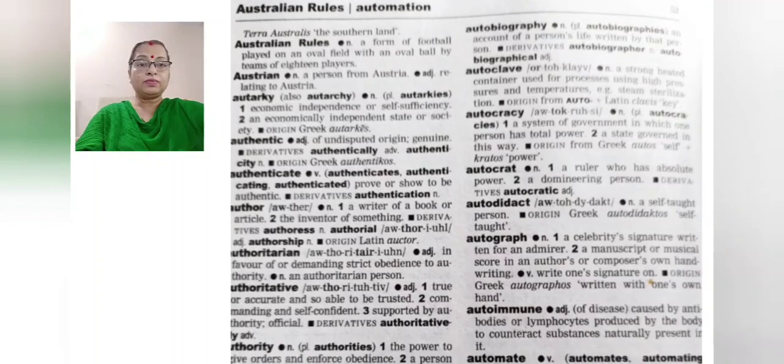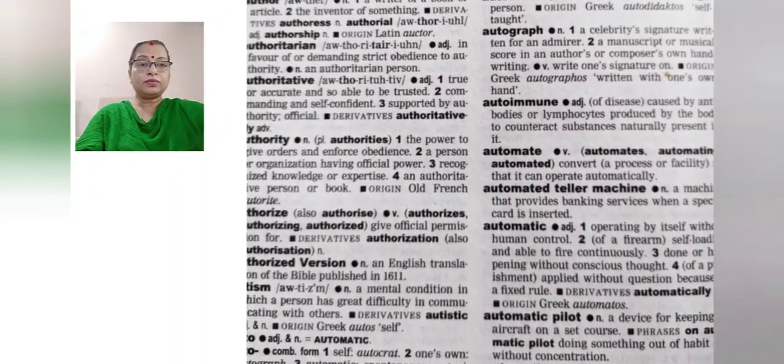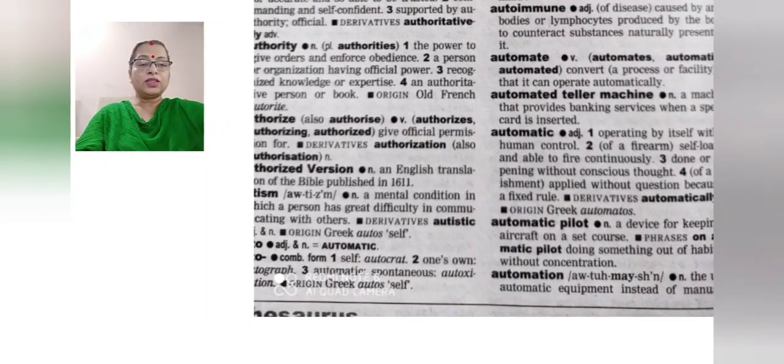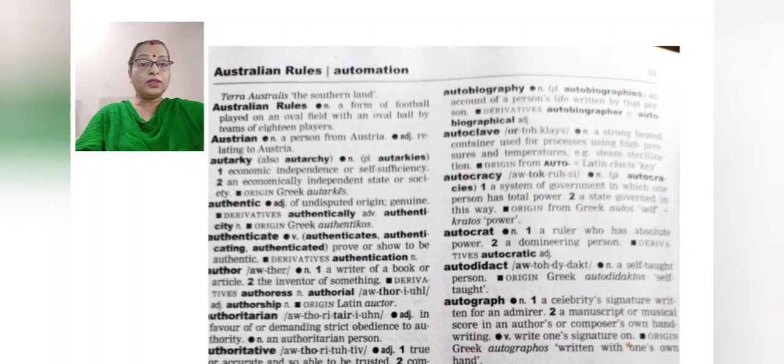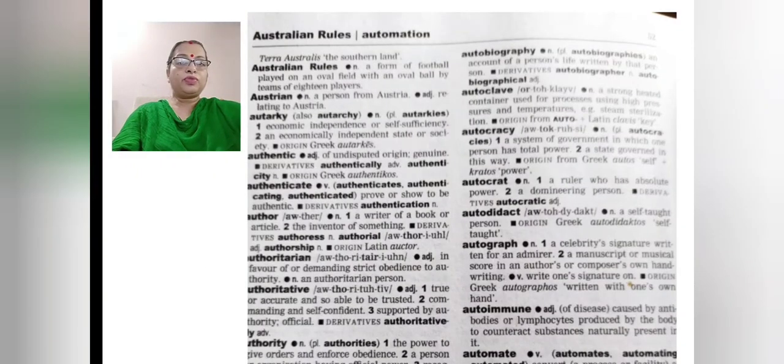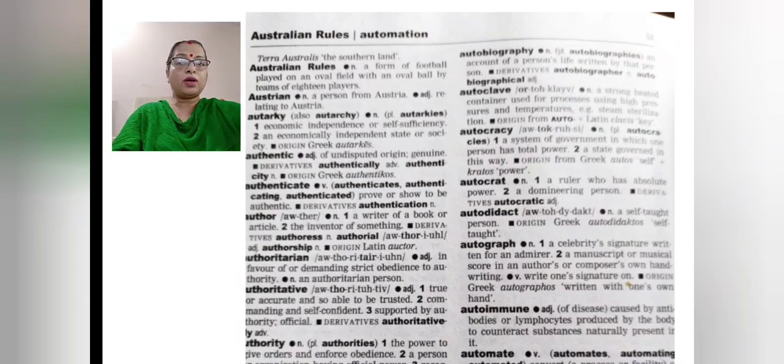Let's see. Yes, the last word is automation. So this is guide word. So here what do you find? That means all the words from Australian rules to automation will be found on this page.